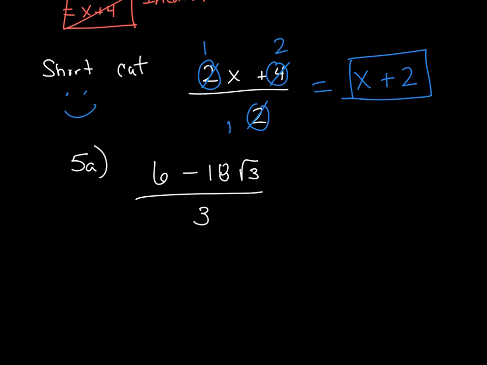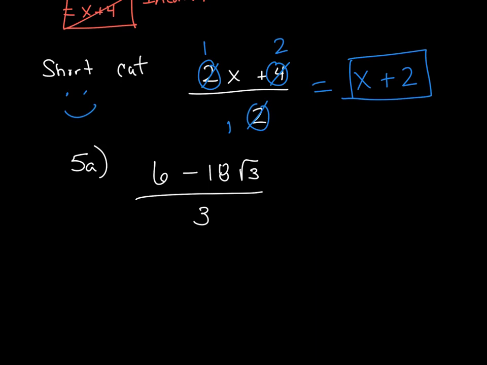And you cannot use a shortcut yet, because the only time you can use a shortcut is if all the numbers are outside the radical. So the square root of 4 is 2. So I'll go ahead and rewrite that. And that equals 4 minus 2 square root of 10 all over 4. So now it's okay to use a shortcut.